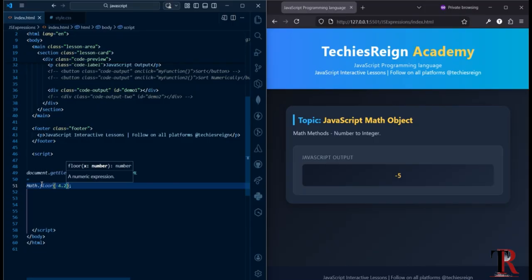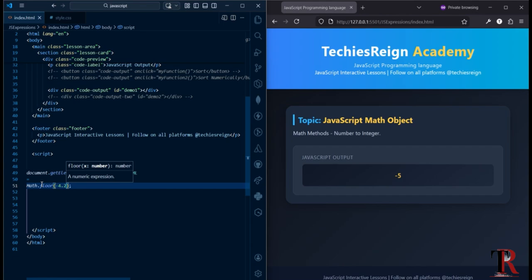Fantastic. Now, can you see this? When you pass in a negative number to the Math.floor method, it rounds it to an integer lower than the number. But when you give it a positive number, then it will maintain the rounding down to its nearest integer.